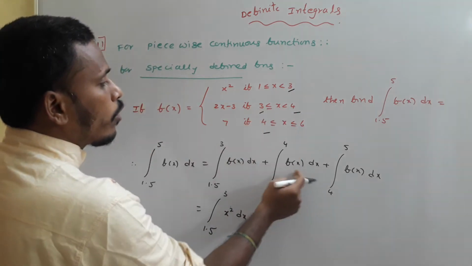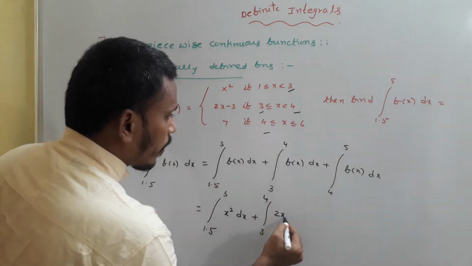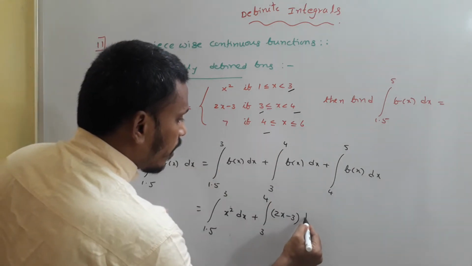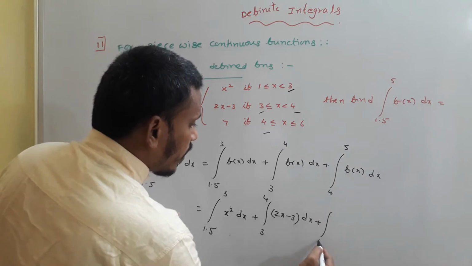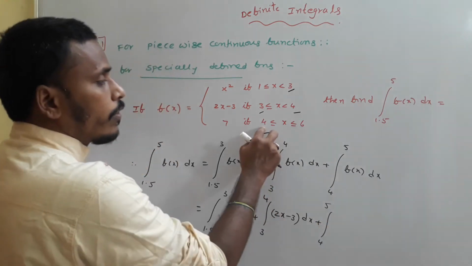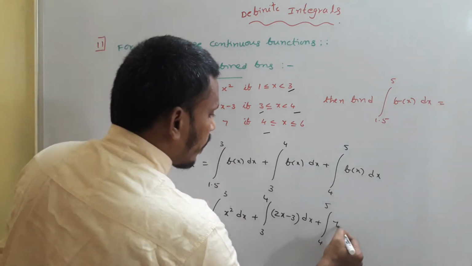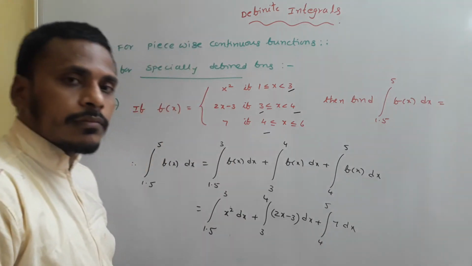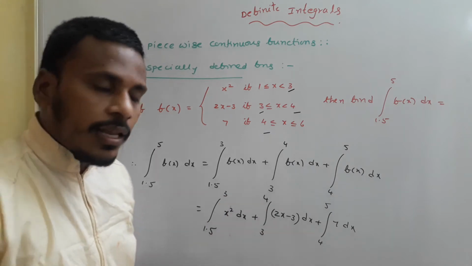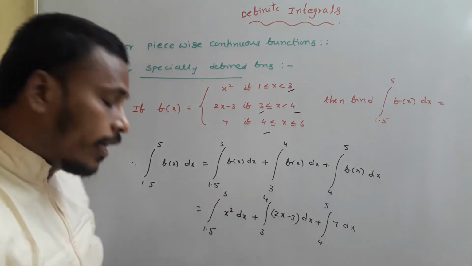In between 3 to 4, f of x is 2x minus 3, so 2x minus 3 dx plus integral 4 to 5. Between 4 and 6 the definition is 7, I need up to 5, that's it, and that is 7 dx.